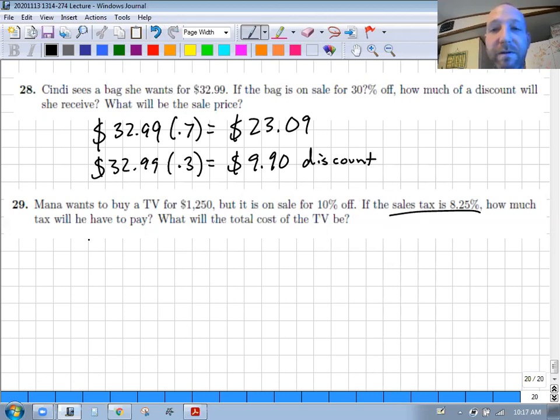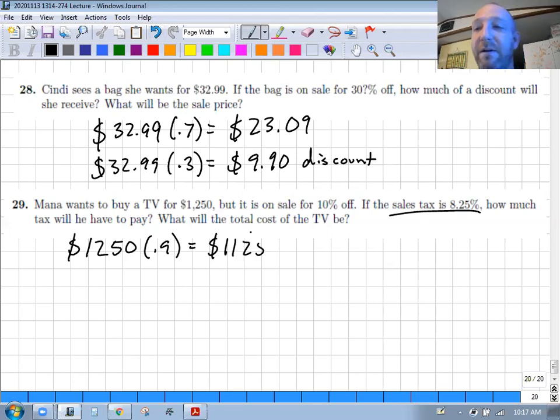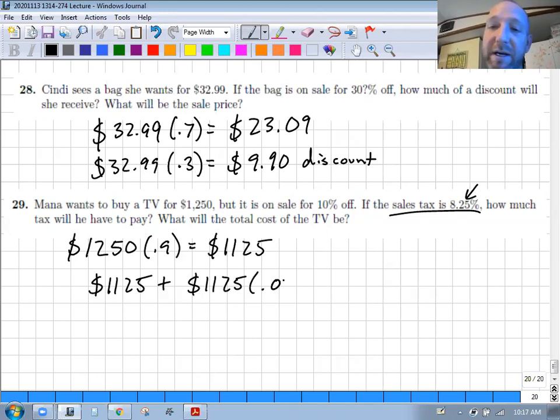Well, if it's 10% off, then the asking price here is $1,250 times 0.9. It's $1,125. All right, but the tax is this much, so we have that plus the tax on it, which is that times 0.0825. This is your total amount.